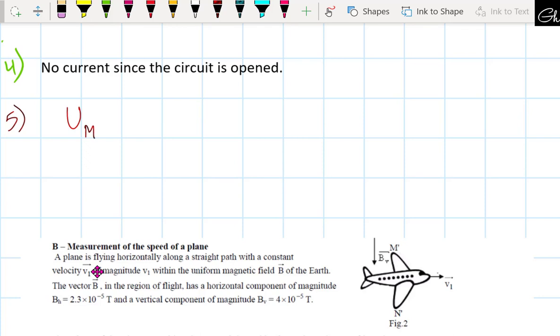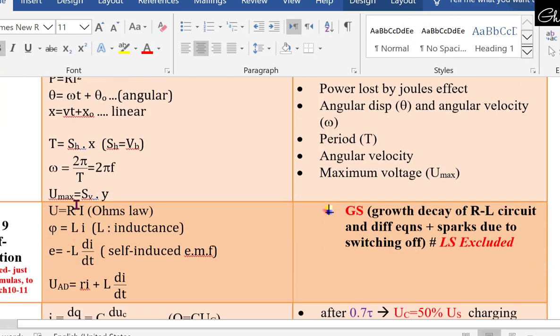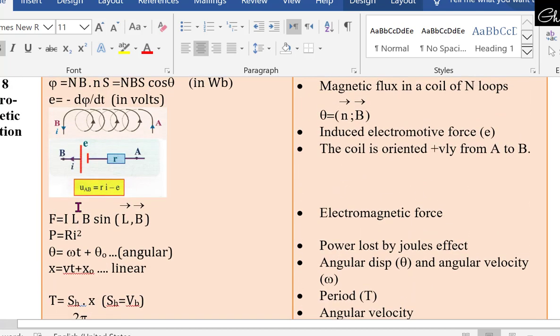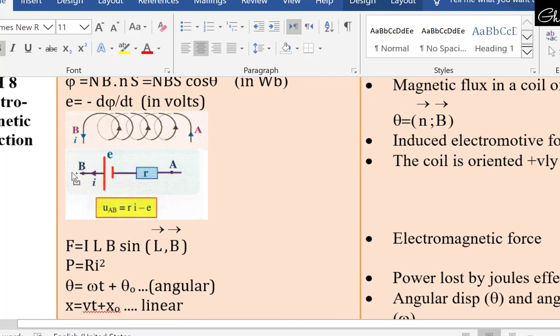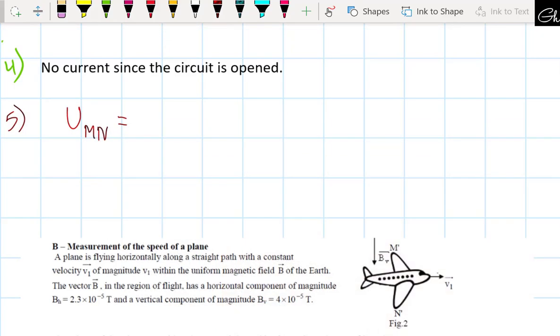So UMN will be equal to... I will just move to the summary here. As you can see here, the voltage UAB, which is similar to UMN, we started from A to B along the same direction. So I'm going to take UMN and copy the same formula, RI minus E. So here it will be Ri, or iR, it's the same, minus E. Look here.